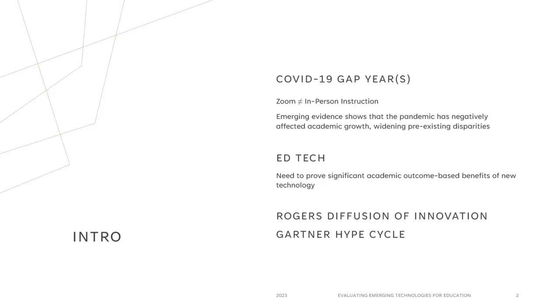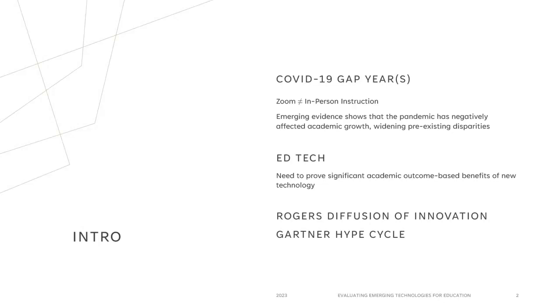Now, I think we can agree that our country and the world, in fact, was ill prepared for the COVID-19 pandemic and the impact that it would have on our education system. We can all agree that Zoom is not equivalent to in-person instruction.